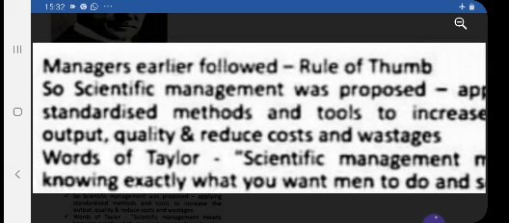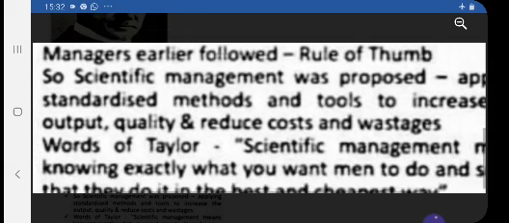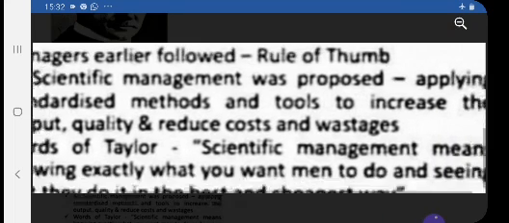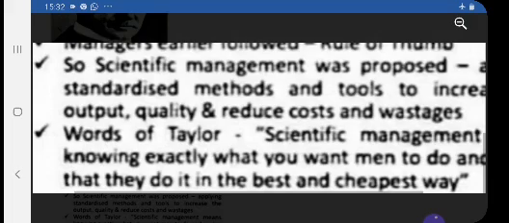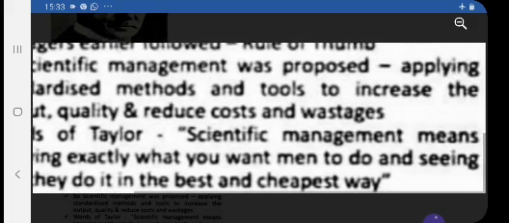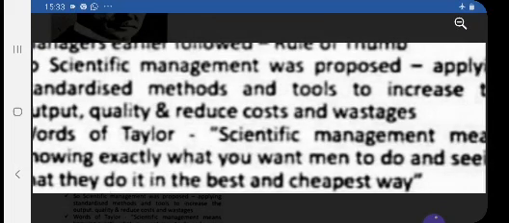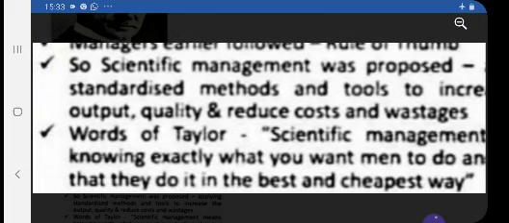Managers were following the past experience, the past rules prevailing in the organization. But he focused that there should be standardized methods and tools to increase the output quality and reduce the cost and wastage.